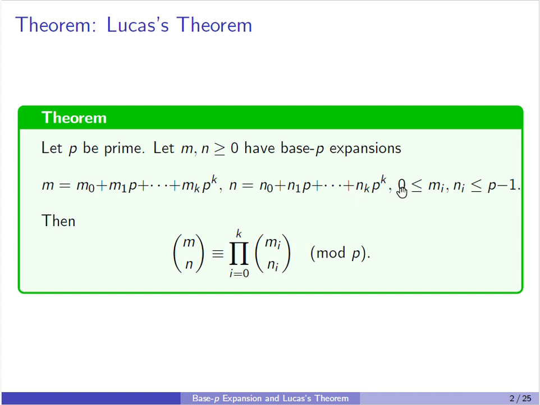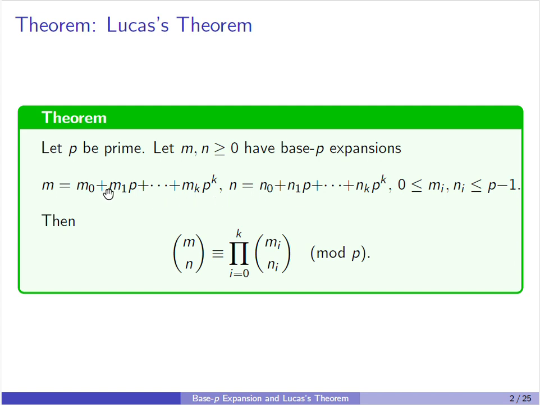The condition here is that the Mi's and the Ni's are numbers greater than or equal to 0, less than or equal to P minus 1. In fact, because we require both of them to end at P to the power K, it means that some of the NKs or some of the MKs would definitely be 0.